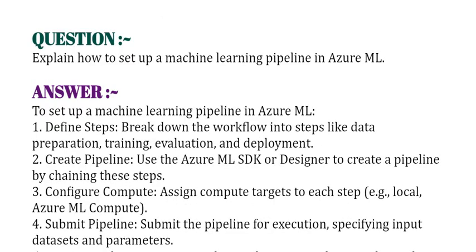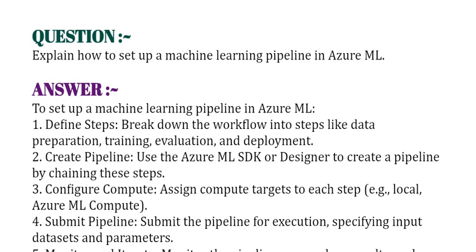Our next question is, explain how you would set up a machine learning pipeline in Azure ML? Your answer should be, to set up a machine learning pipeline in Azure ML, define steps. Break down the workflow into steps like data preparation, training, evaluation, and deployment. Create pipeline. Use the Azure ML SDK or designer to create a pipeline by chaining these steps.